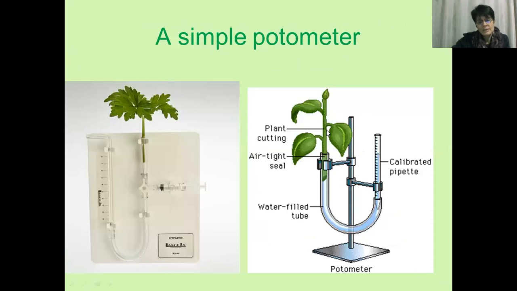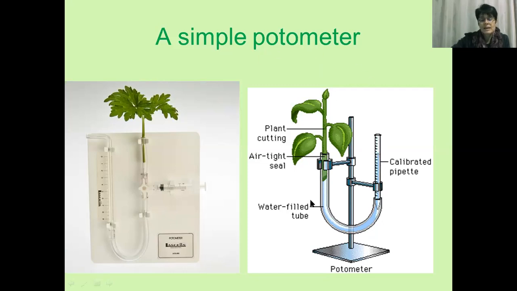Here's another one. It's a U-shaped photometer. You fill it up with water, and there's your little twig. As the water is transpired, I'm sure you can figure out what's going to happen to the level on this side. It would have been at the top at the beginning, and you can measure over a certain period of time how much the level drops on this side because it's been transpired on that side.